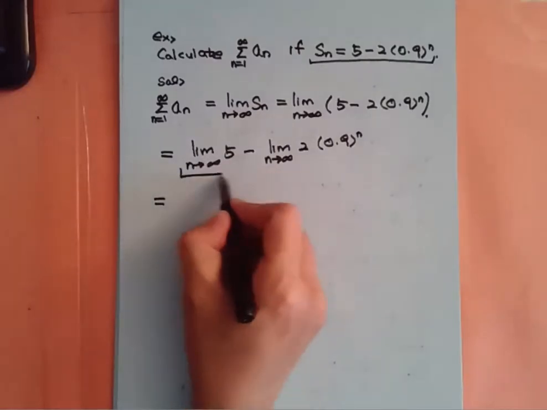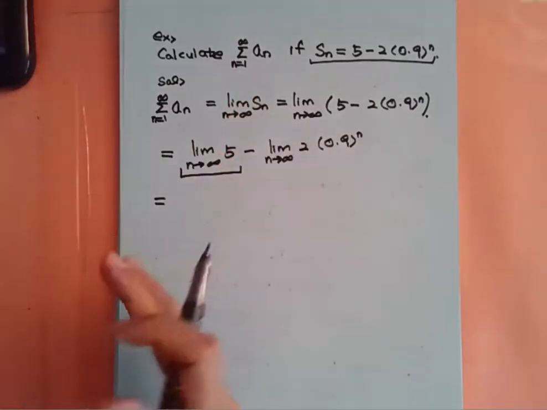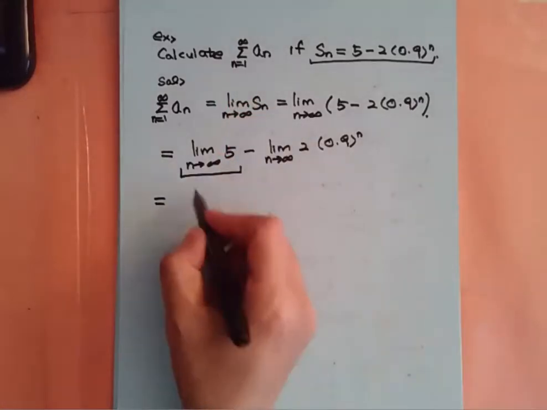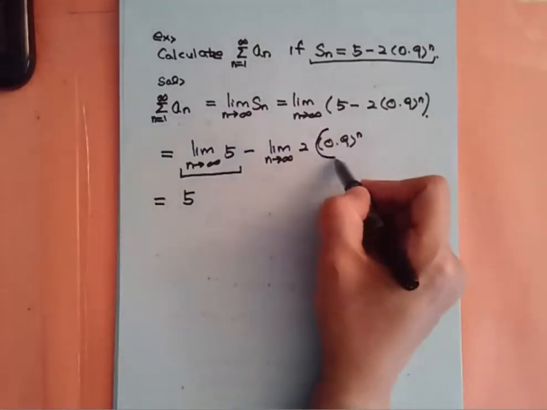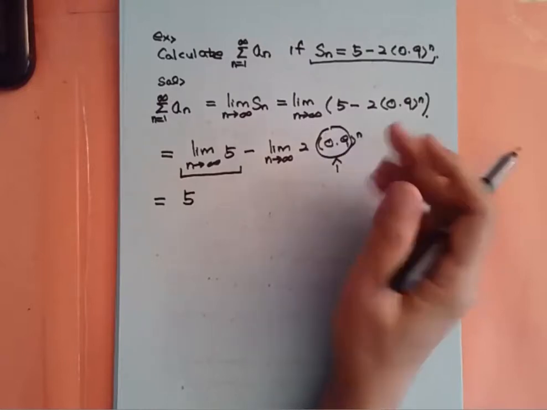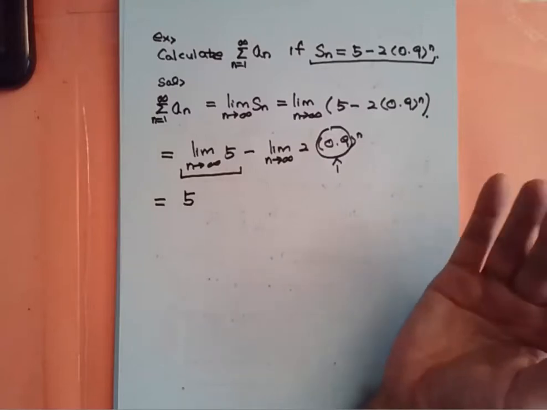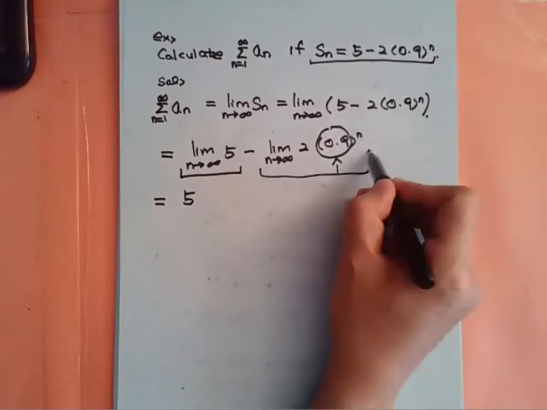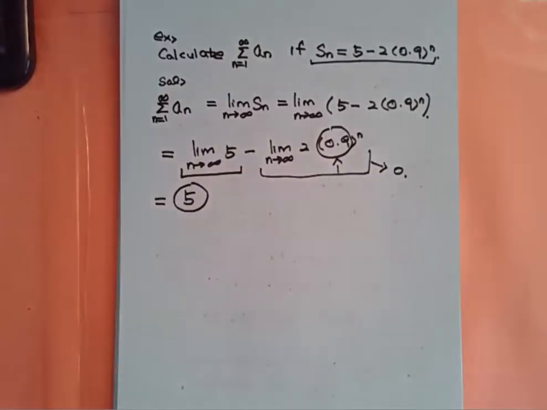For the first one, the sequence goes like 5, 5, 5, 5, 5, so the limit is 5. And 0.9 is less than 1, so to the n power will get smaller and smaller and converge to 0. So this part will go to 0. So the infinite series will converge to 5.